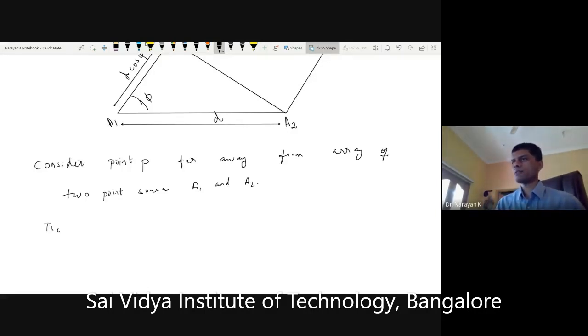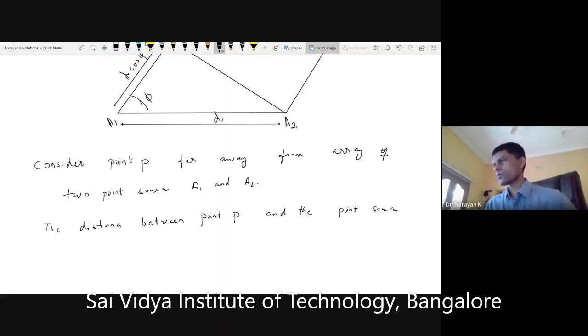The distance between point P and the point sources A1 and A2 are R1 and R2.